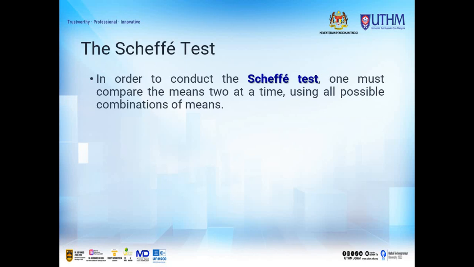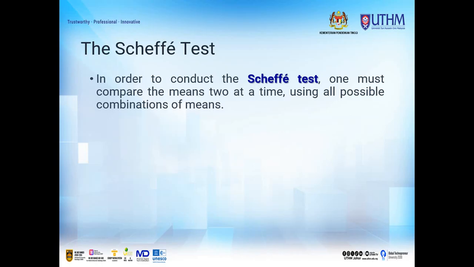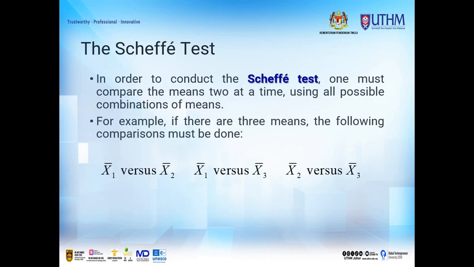For example, if there are three means, the following comparisons must be done: x1 versus x2, x1 versus x3, and x2 versus x3. x1 versus x2 is already here, so you don't have to repeat it. One time is enough.